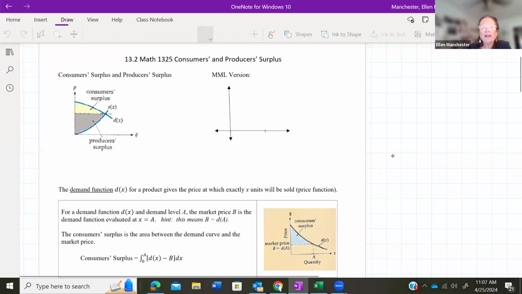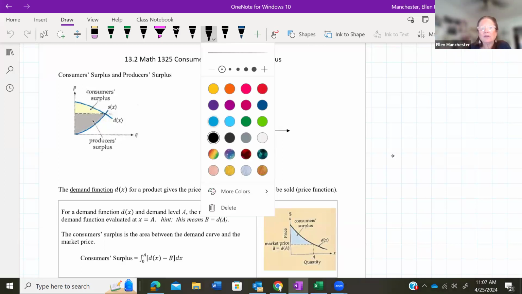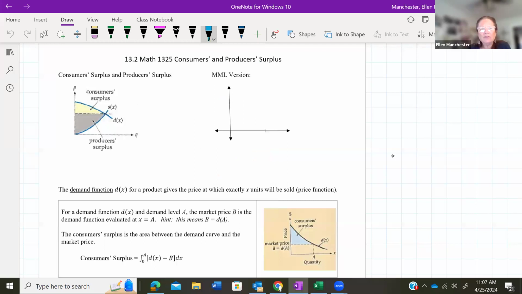The reason I do the MyMathLab version is that the graph on the left is what is in the textbook, but MyMathLab has a different version of it. I wanted to show you the MyMathLab version because the textbook one uses A's and B's down here, and I don't like it. It doesn't make sense to me.